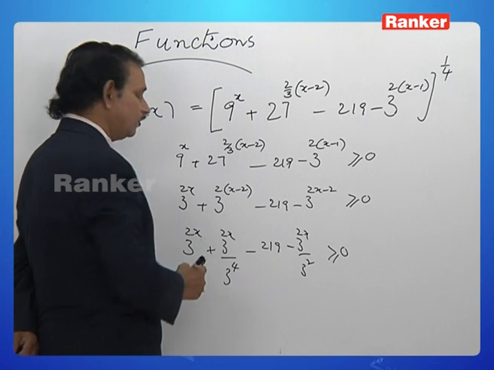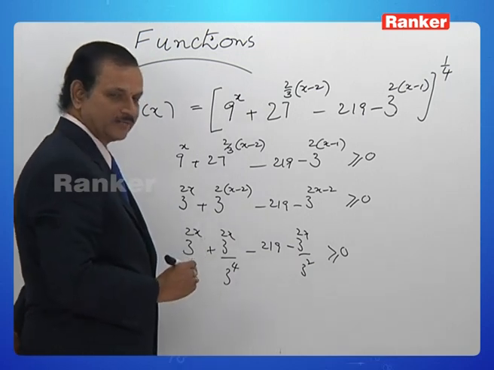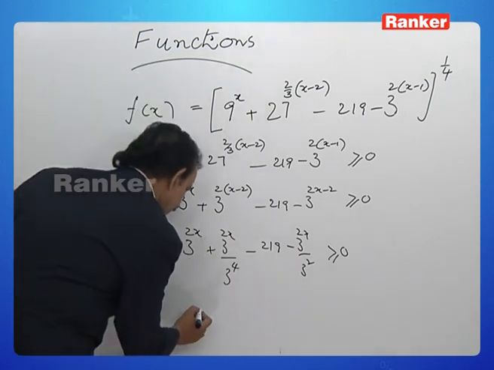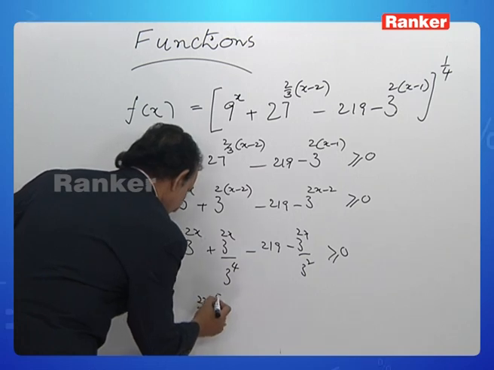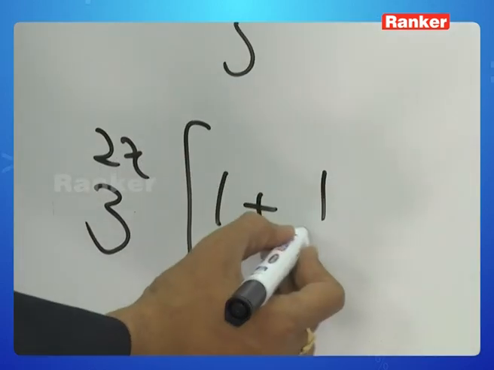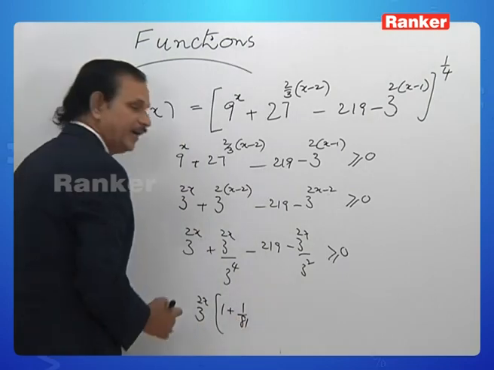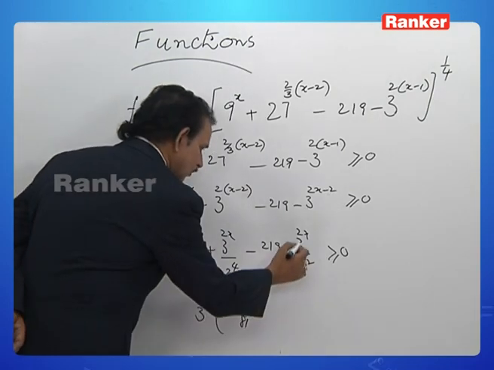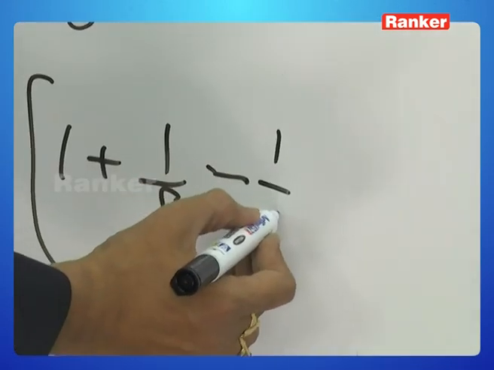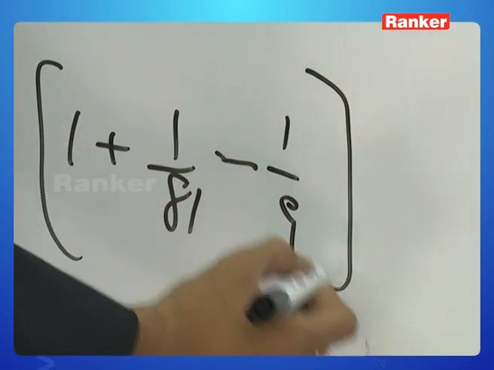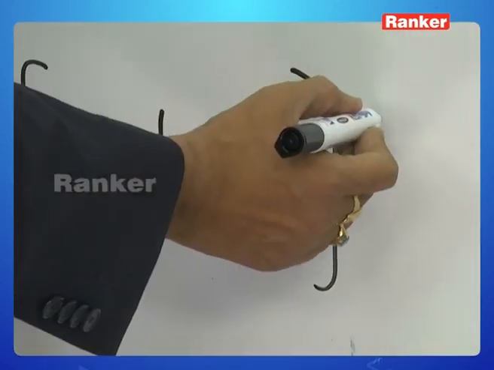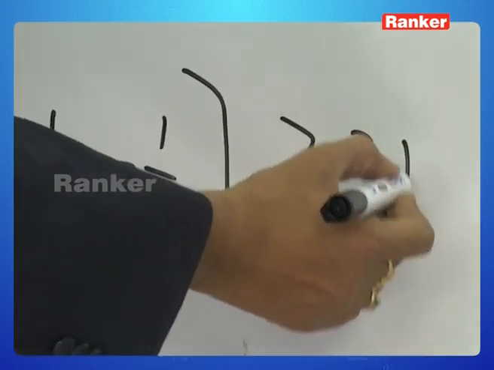Among all these, you can observe 3 power 2x is a common factor. 3 power 2x into 1 plus 1 by, what is 3 power 4? 81, minus, what is 1 by 3 square? 1 by 9, minus 219. If you take it to the other side, it is 219.